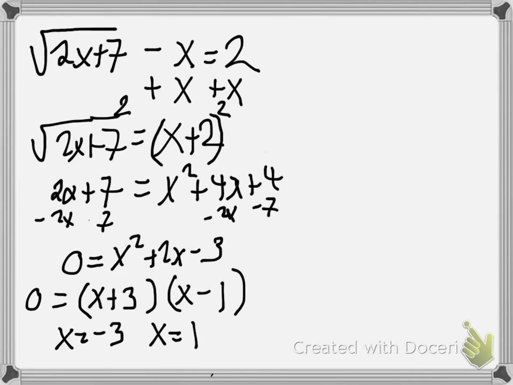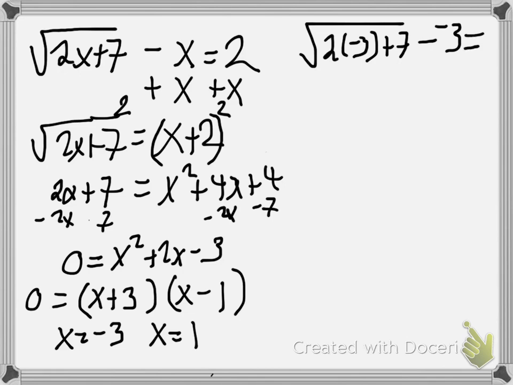Now, let's plug in negative 3. We've got the square root of 2 times negative 3 plus 7 minus negative 3, and that's supposed to equal 2. All right, 2 times negative 3, that's negative 6 plus 7.